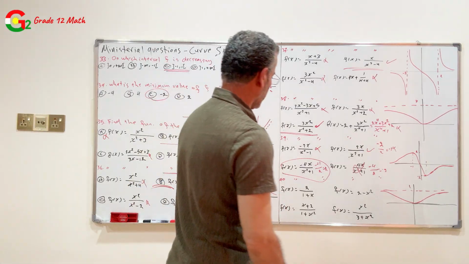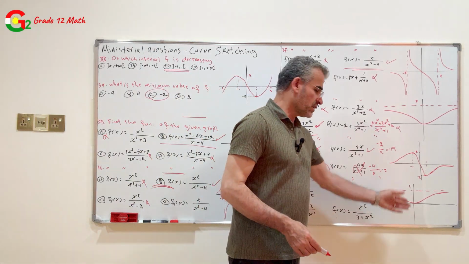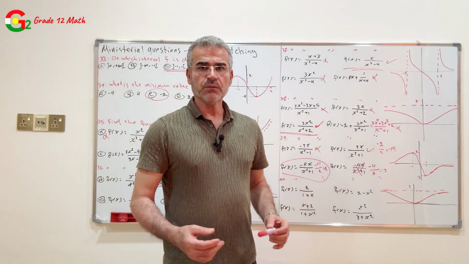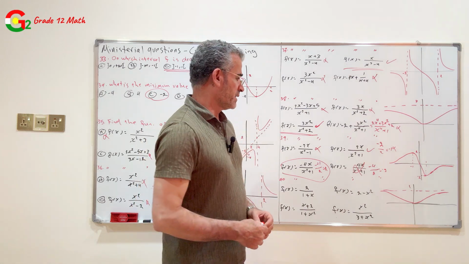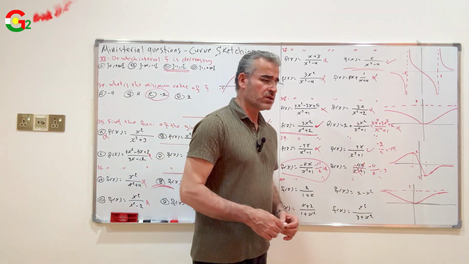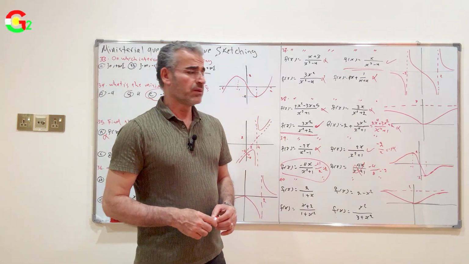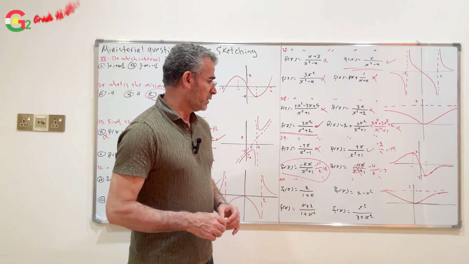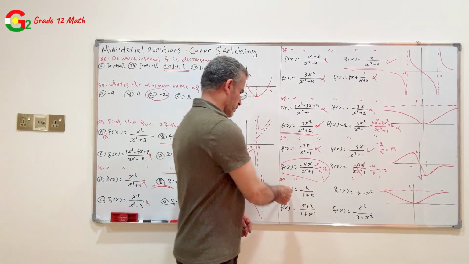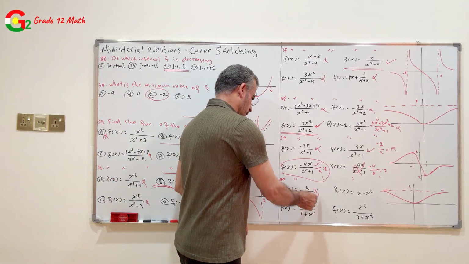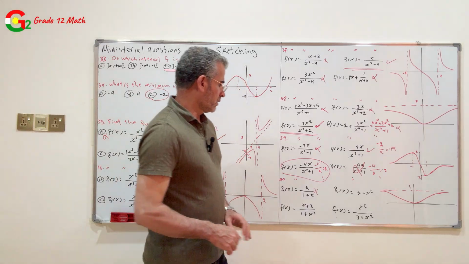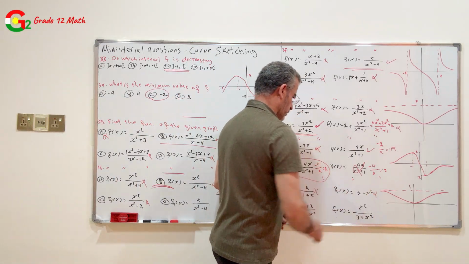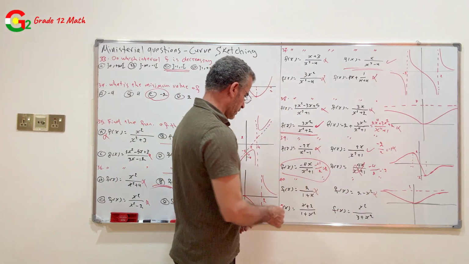Number 40, find the equation of the given graph. As you see, the graph has horizontal asymptote at y equal 1. So the degree of the numerator and denominator should be equal, but choice A is wrong. Also, choice B is wrong. It is not a rational function.